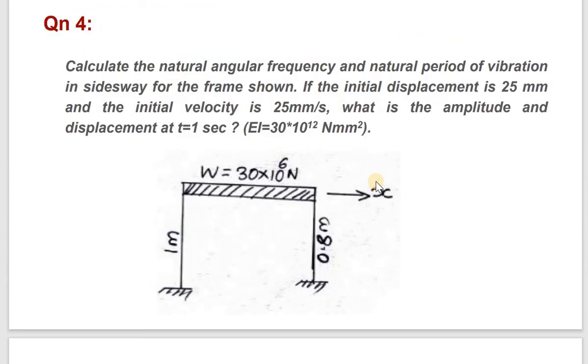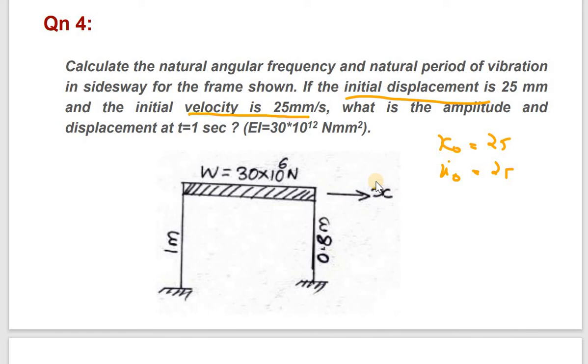So we can look at one more problem. Calculate the natural angular frequency and natural period of vibration in the sideways direction of the frame shown. The initial displacement x0 is given as 25, and the initial velocity x dot is given as 25 millimeter per second.